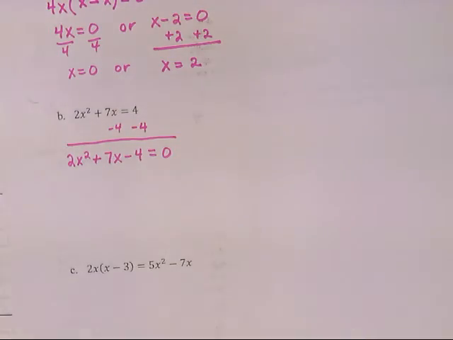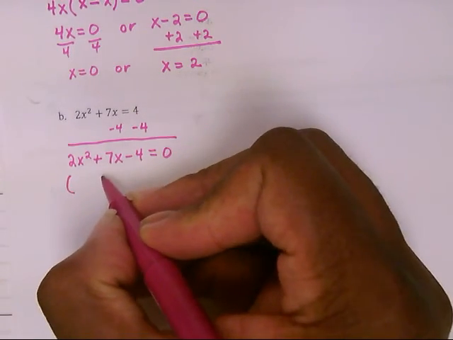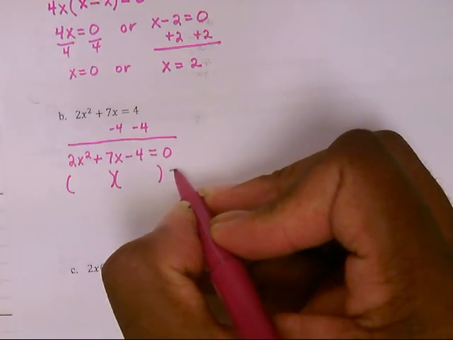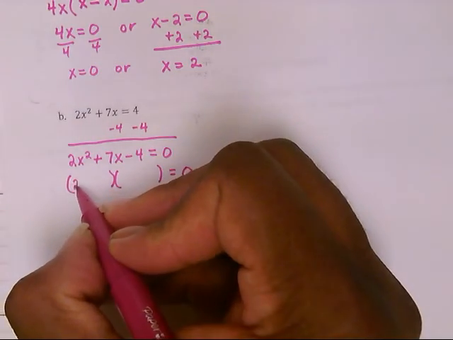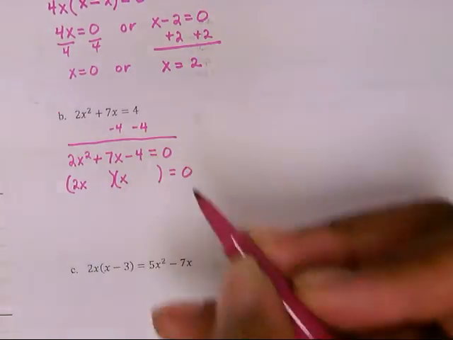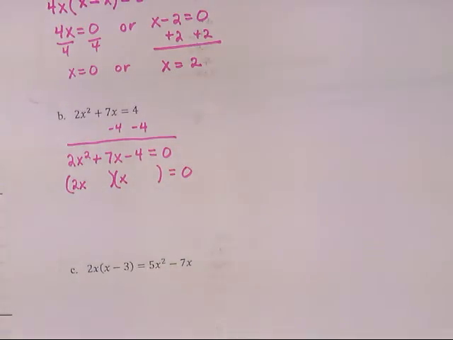Now this we can factor into two binomials. I'm going to break 2x squared up as 2x and x. Now I need to find factors of negative 4 that's going to give me 7x as a middle term. And I'm going to try 4 and 1. But I have to decide where I'm going to put the 4 and the 1.